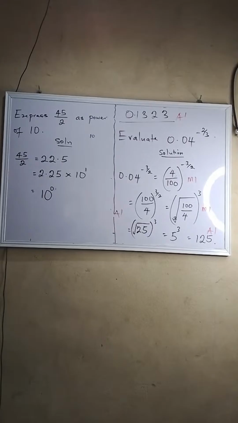Who is dropping the answer? I've not seen anybody dropping anything. Is anyone checking? 22 under 5.